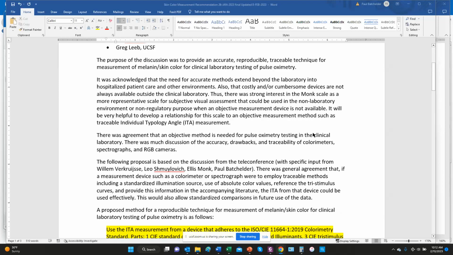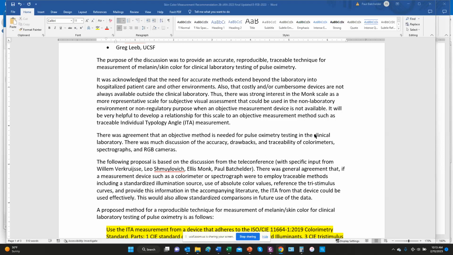Our premise was that we need an objective method of measurement that can be used by the clinical laboratories and in some hospitalized environments, as opposed to a color scale, which is very important as well, and we kind of preferred the Monk scale when looking at a subjective color chart.